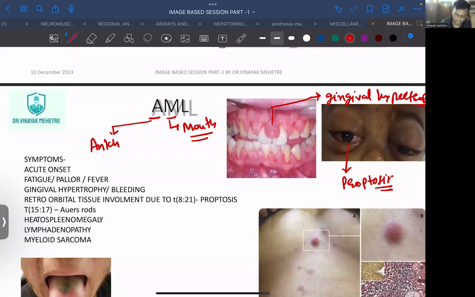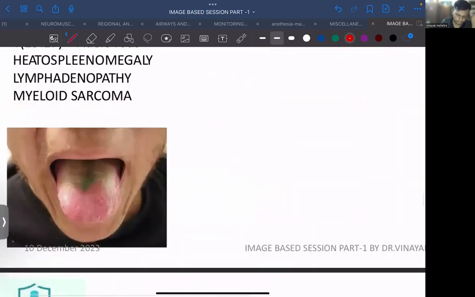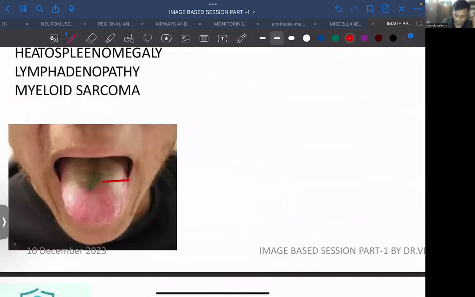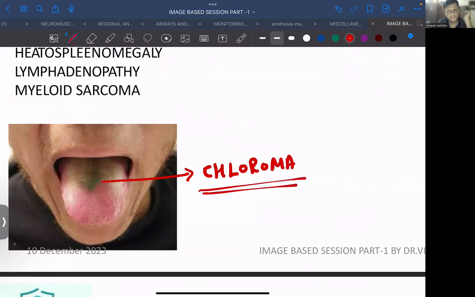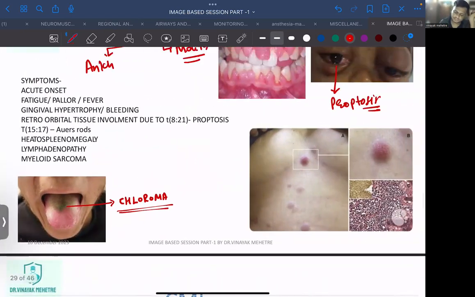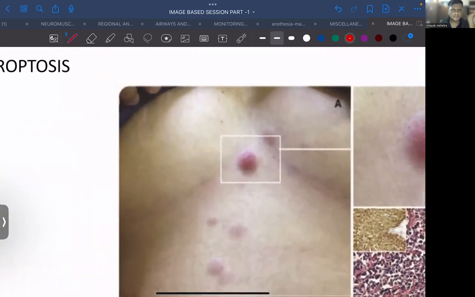Okay. आंख एंड माउथ बोला है तो बस गम तो होगा नहीं, और कुछ भी होगा, right? Discoloration of tongue is called as chloroma. What we will call it? Chloroma. Okay, discoloration of tongue is called as chloroma. ठीक है, चलो.